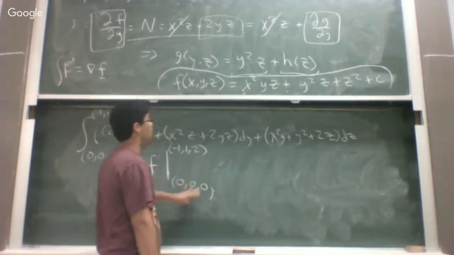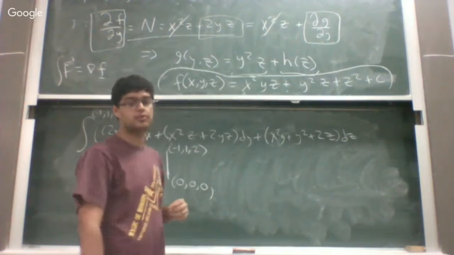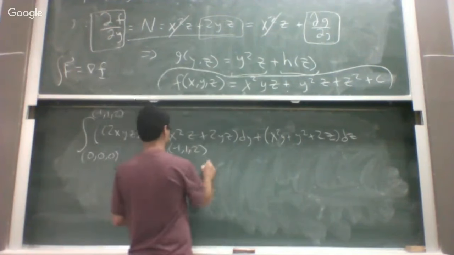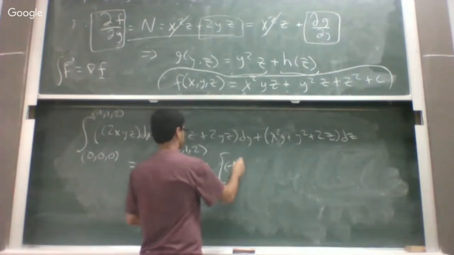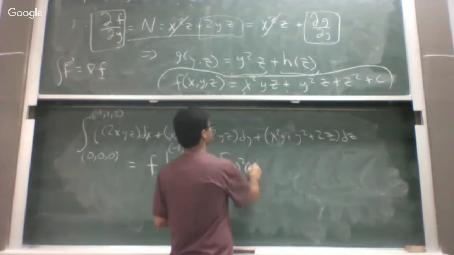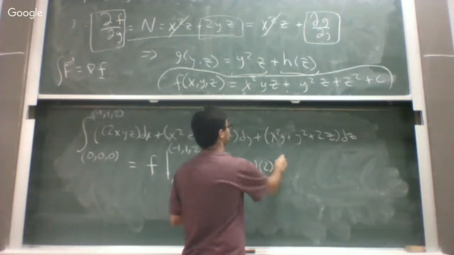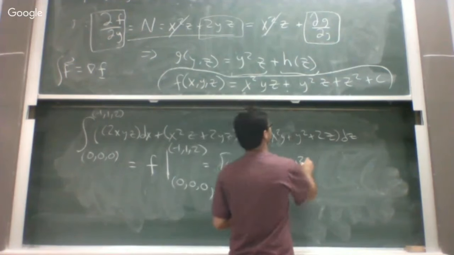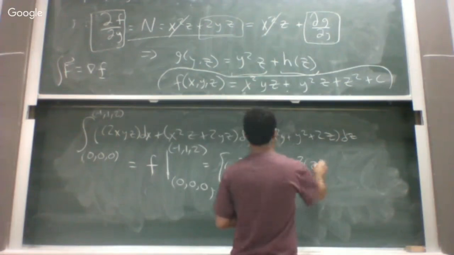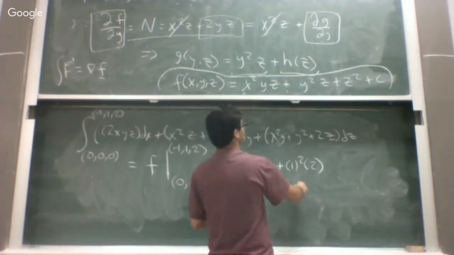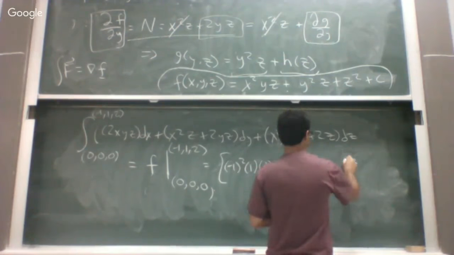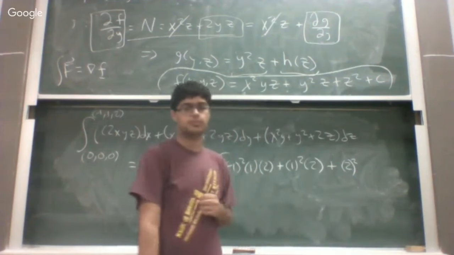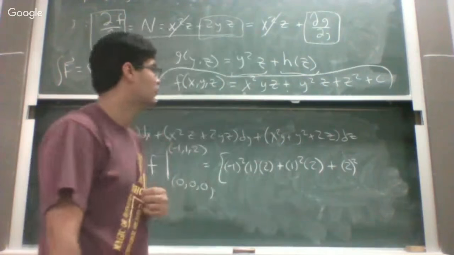So then we have our values and we put them in there. So that's equal to negative 1 squared plus 1 times 2 plus 1 squared times 2 plus 2 squared, if I wrote that right.